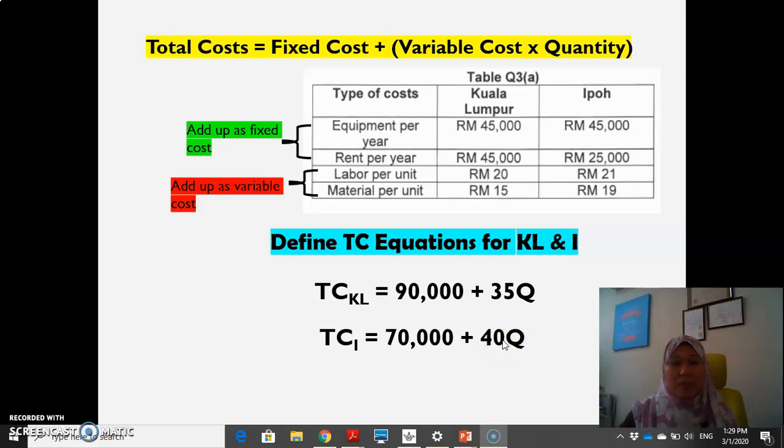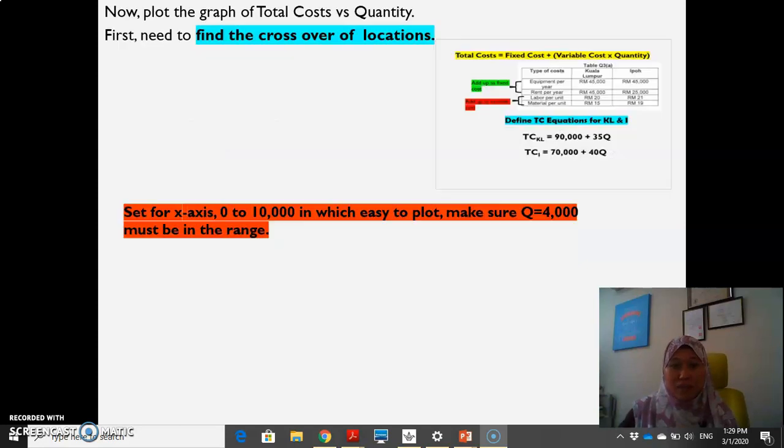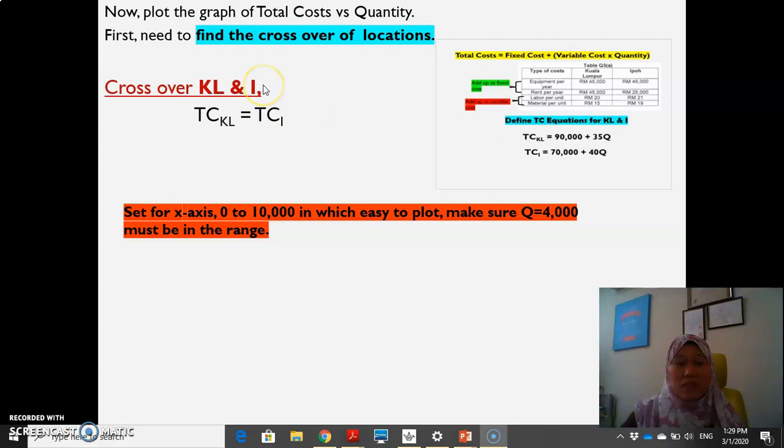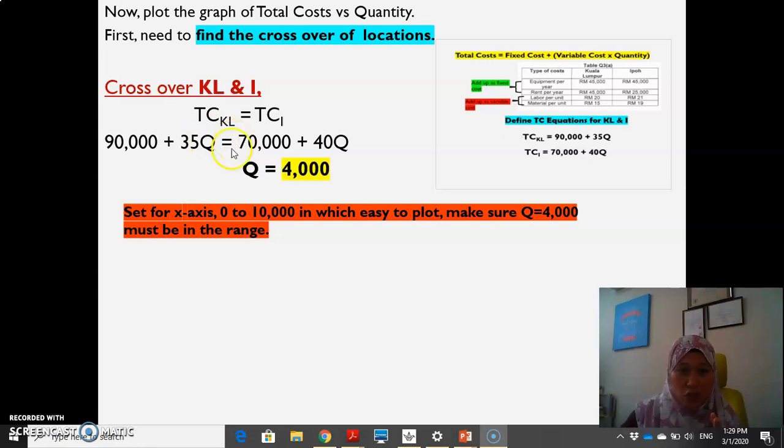The next step is to find the crossover. Since there are two locations, we need to find a crossover between KL and Ipoh. What we have to do is equate the TC for each location, solve for Q, and you get Q equals 4,000.